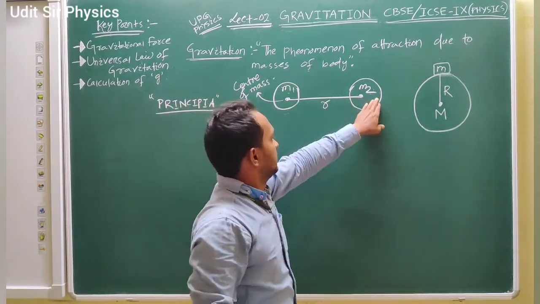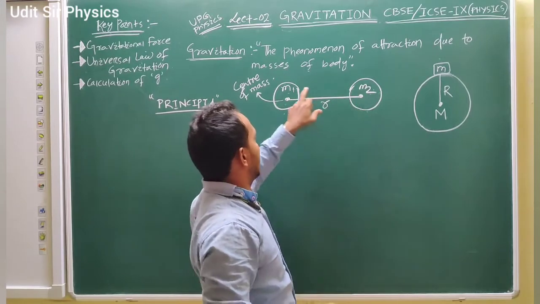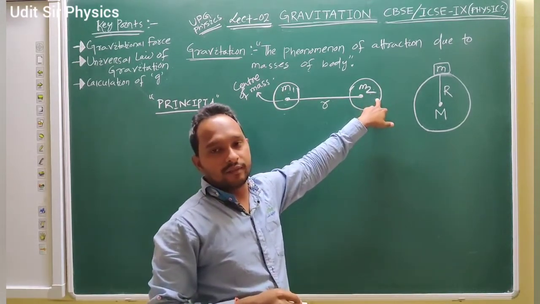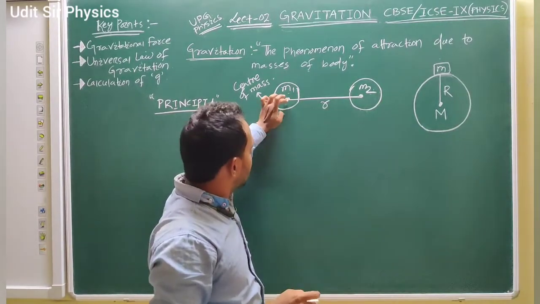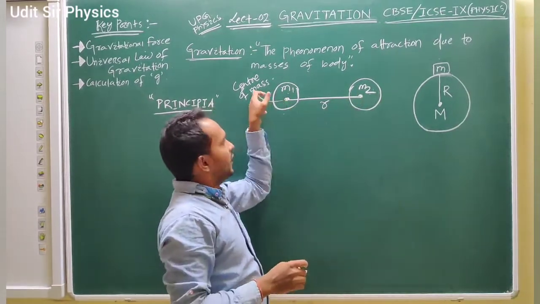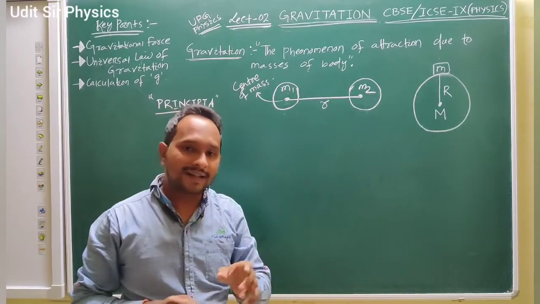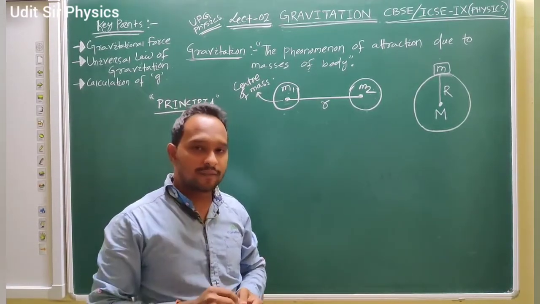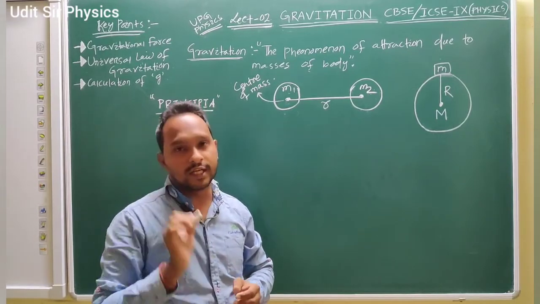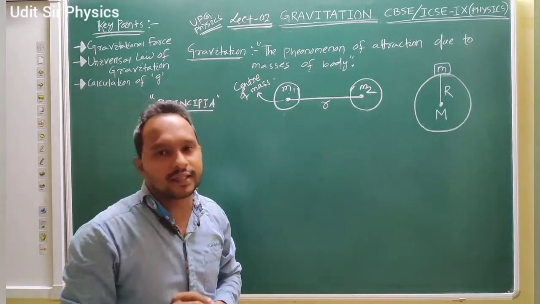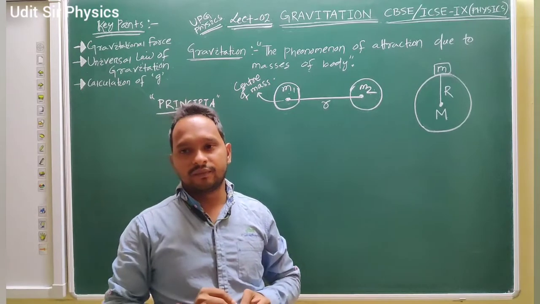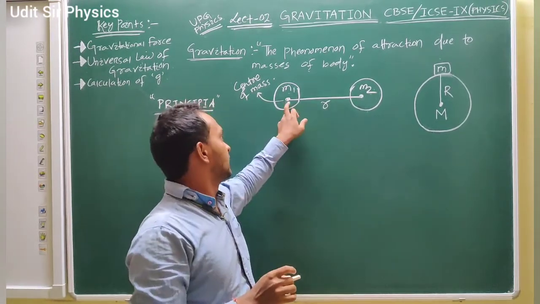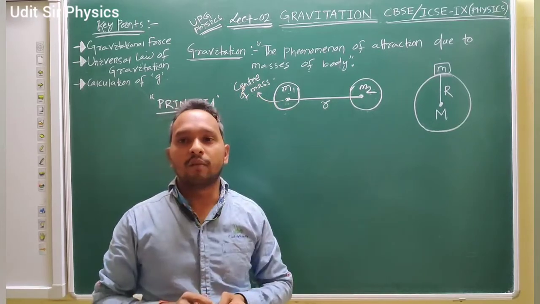See the diagram: m1 and m2 are two massive bodies, and the total mass is concentrated at a point, called the center of mass. So whatever shape of body or how heavy a body you take, the whole mass is concentrated at a point. That point is called the center of mass.